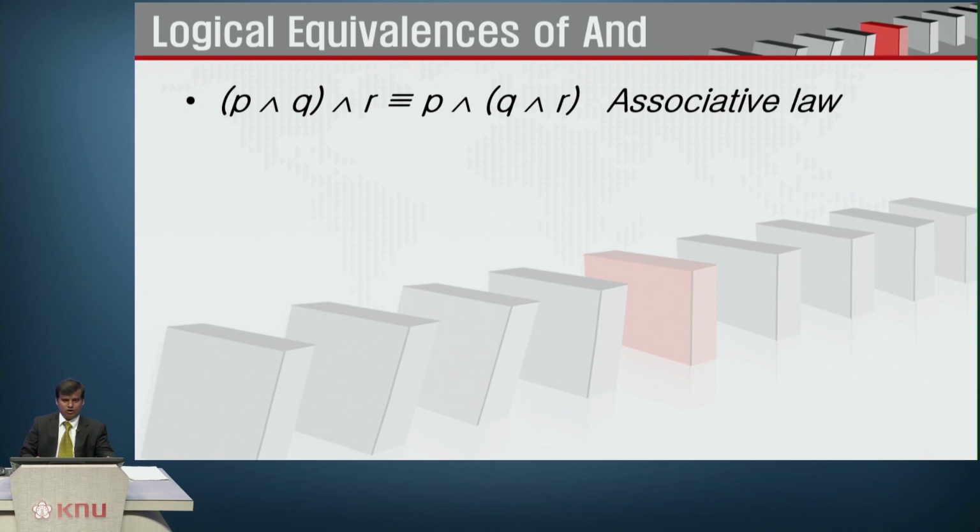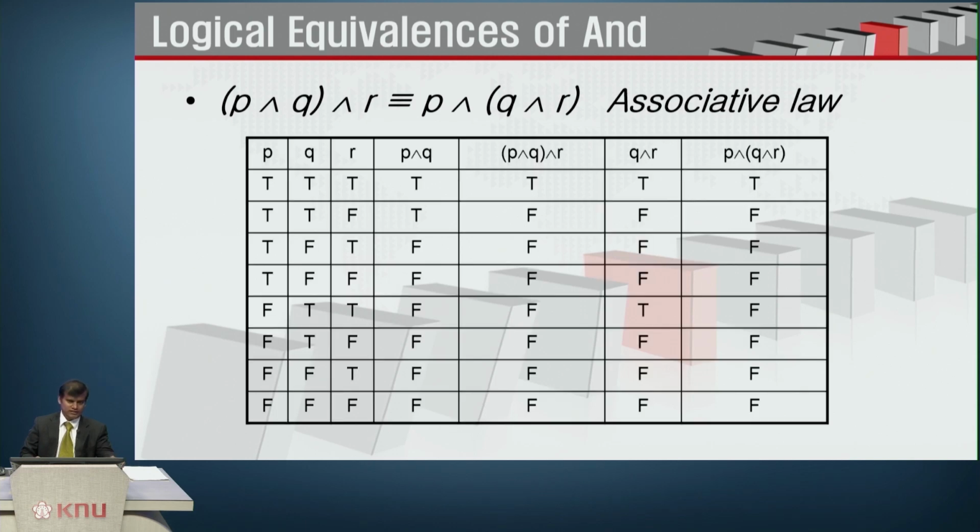Here comes the other one, called the associative law. P and Q, and R is similar to P, and Q and R. That's interesting, because you have to express this whole expression by means of a truth table to prove it. We have P, Q, R, three inputs, so you have all possible inputs given, eight rows, and you can try to find what is P and Q and R, grouped both ways.